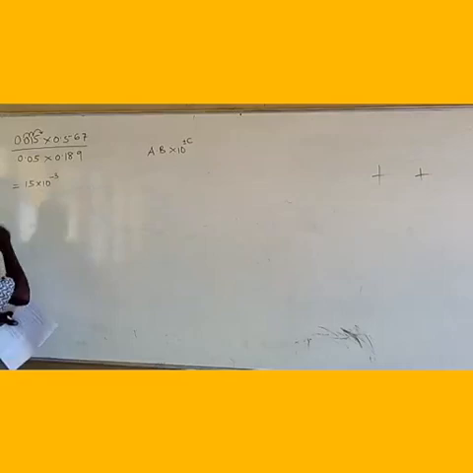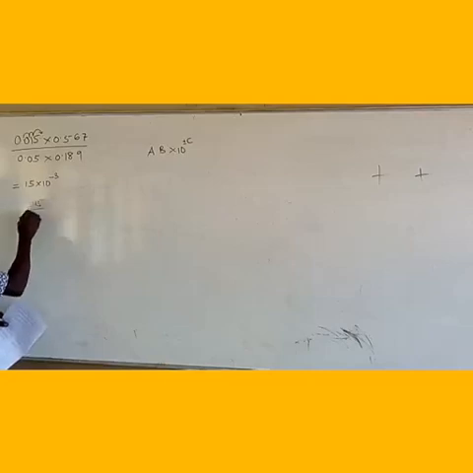If I move to the left, I'll write positive. It means 10 raised to the power negative 3 means 15 divided by 1000, which gives 0.015.